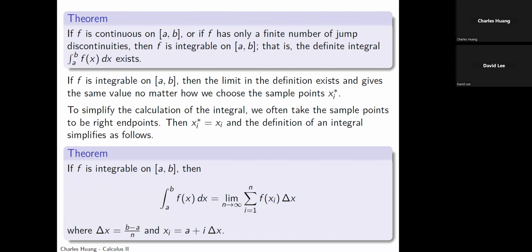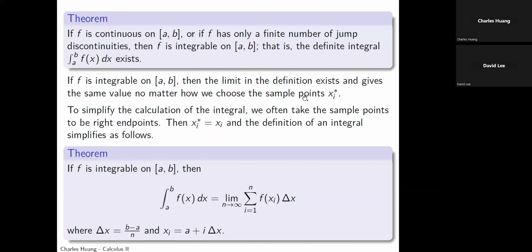So if we have a continuous function, or if we just have a few jumps, then we can manage that. We can find the area underneath. Then we can say that it's integrable and we can find the integral.